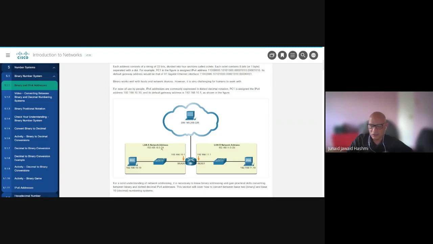Then your subnet mask will consist of 27 bits, and the rest belong to the host ID.